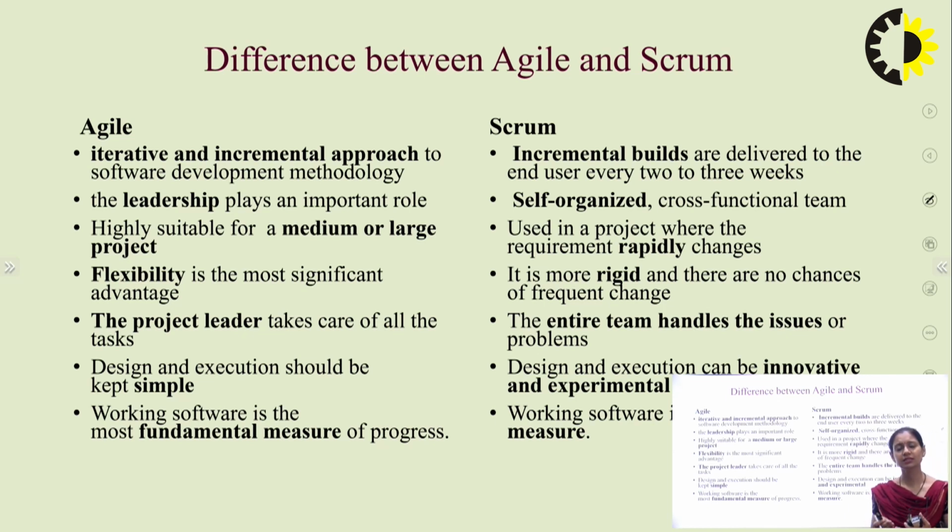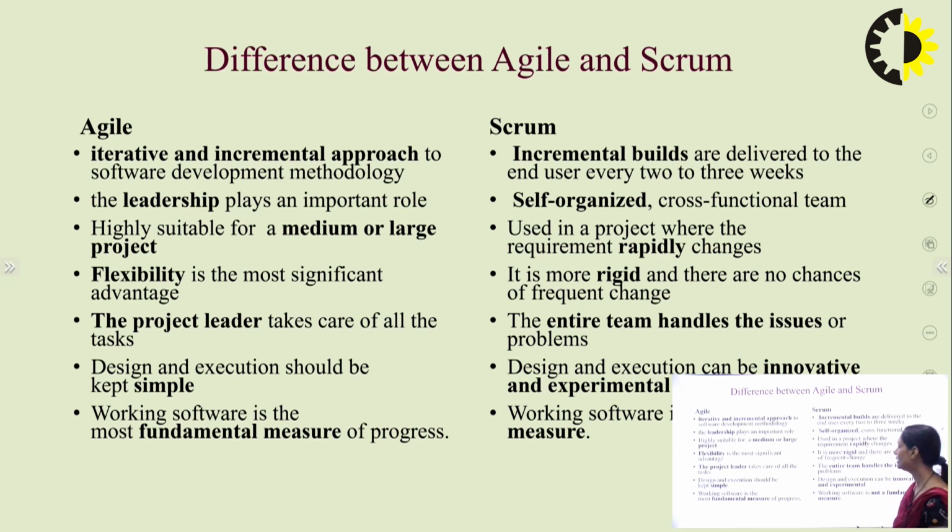The requirements keep on changing, so those requirements should be limited to an extent that they can be incorporated. It should not be that changes are being made every time. So it is rigid in the sense that whatever requirements came for the first sprint will be implemented only till that part. The next requirements will be taken up in the next sprint.